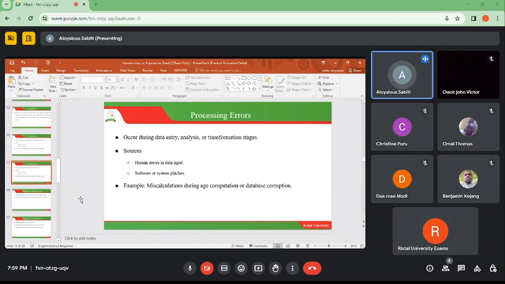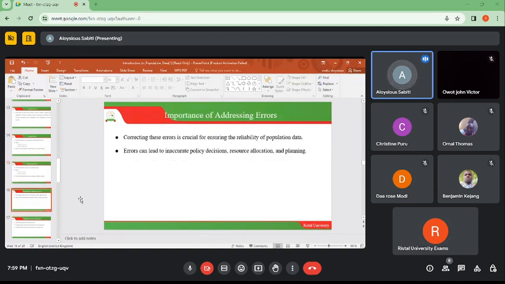Processing means data is now being transferred from hard copies into an electronic version, and as a result, we experience these errors. So those are the four main errors that might be associated with population data.